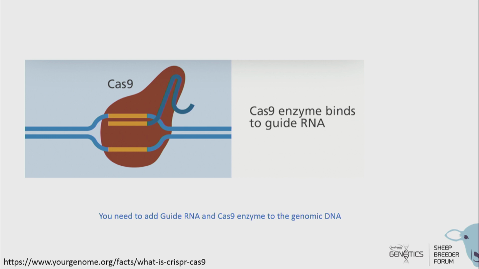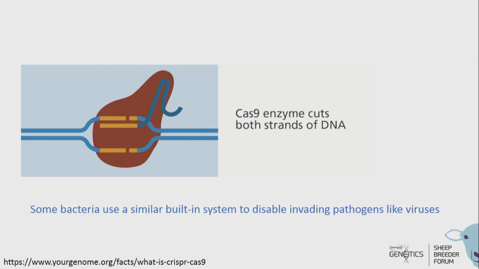And this is a system that was discovered in bacteria that was used to disable invading pathogens like viruses. And so what the Cas9 enzyme does is cuts the DNA to stop it from working. So a bacteria could cut viral DNA to stop it from working. So this is a natural system, if you like.